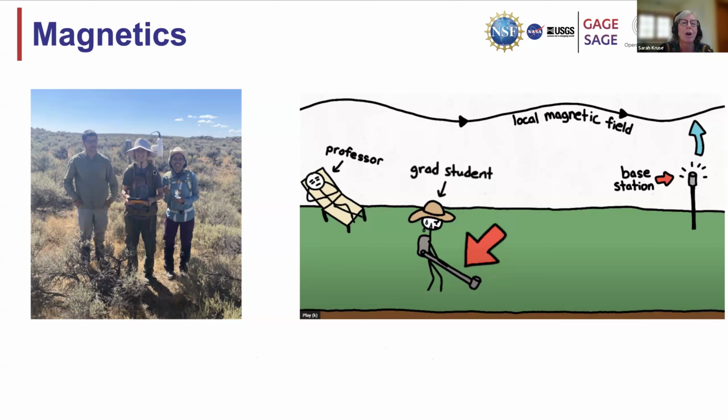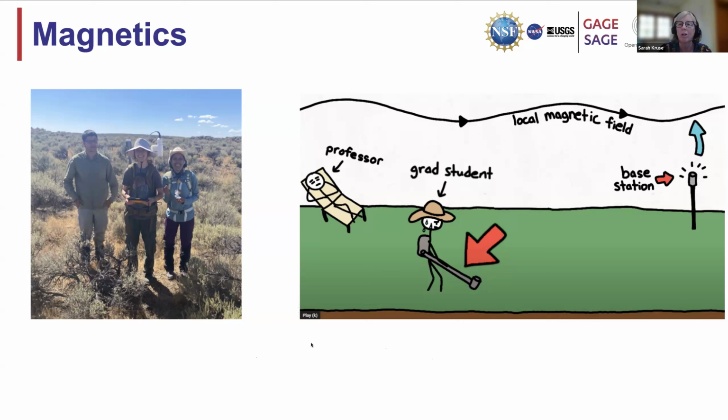And you'll notice that the woman on the right is holding a compass because she's going to lead the woman with the magnetometer to try to walk in a straight line. And they are over a lava flow, which is usually a good source of a magnetic signal. So on the right is from the magnetics video.